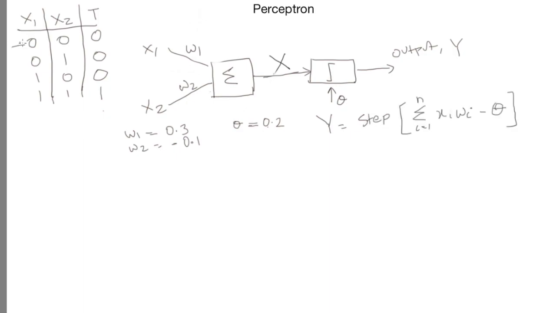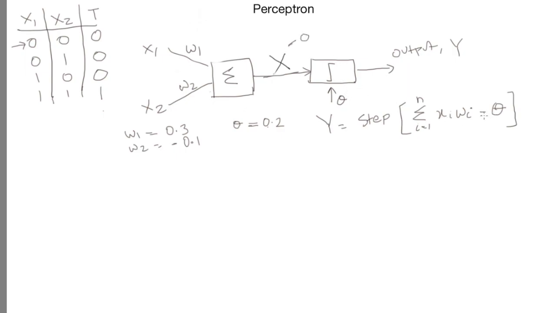For the first line of training, if we applied the two inputs x1 as 0 and x2 as 0, the output that gets produced will be 0 times W1 plus 0 times W2. So this will be 0.